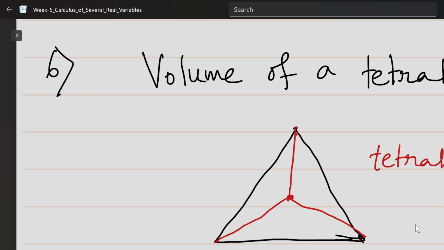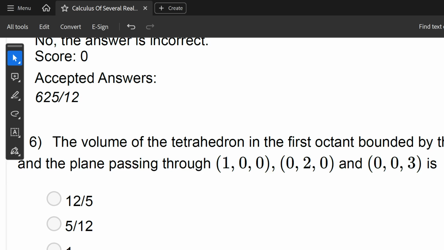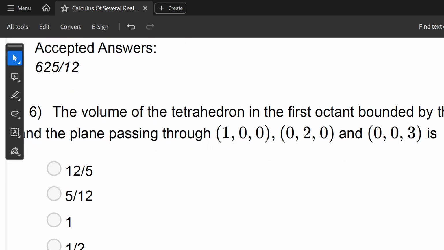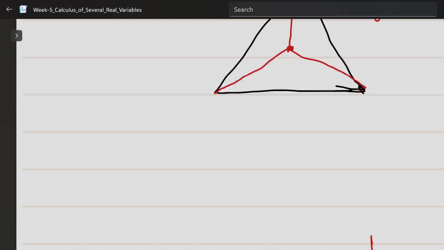Okay, let me show you the question again. You have to find the volume of a tetrahedron which is bounded by the coordinate planes and passing through 1, 0, 0, 0, 2, 0, 0, 0, 3. Let me draw this tetrahedron in the XYZ plane.